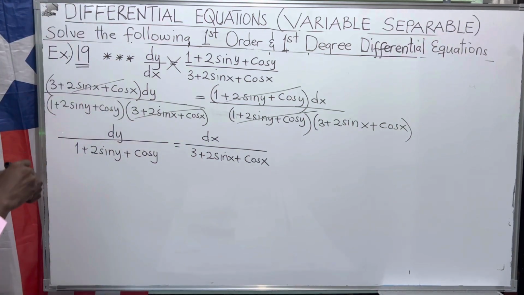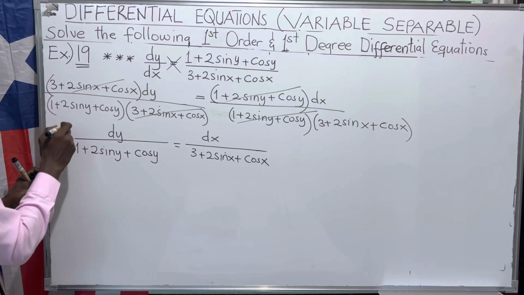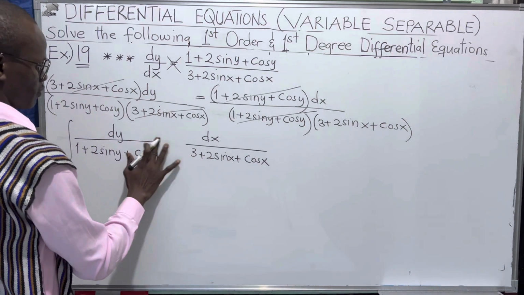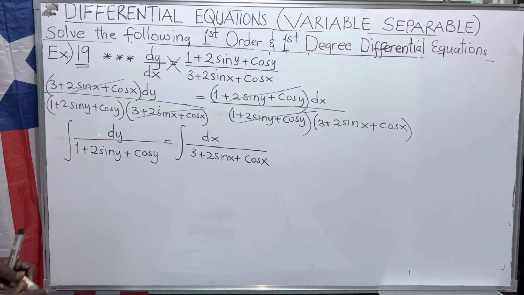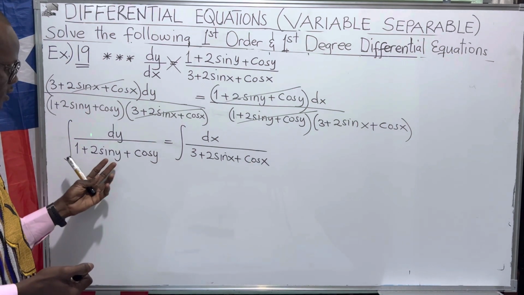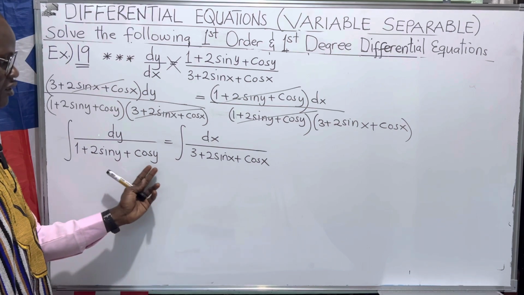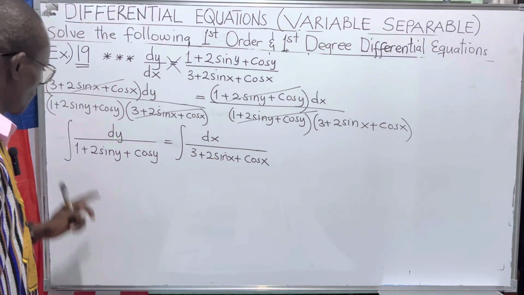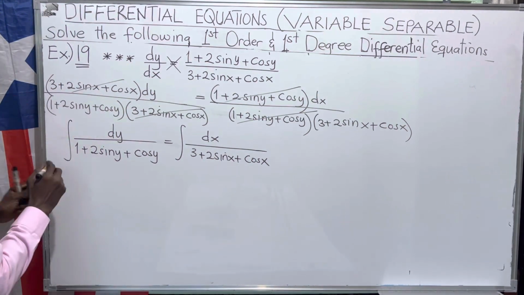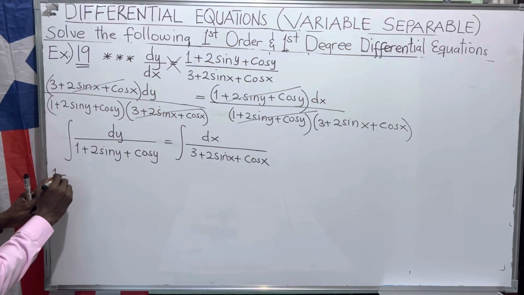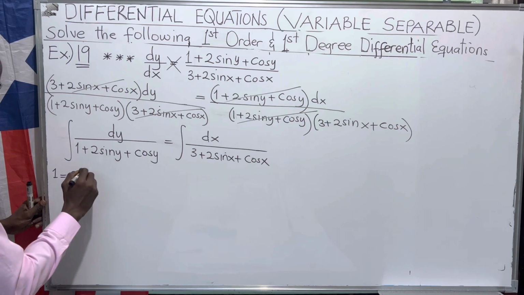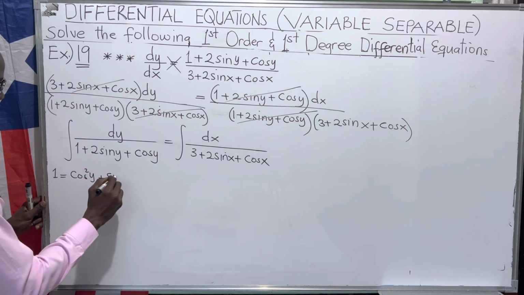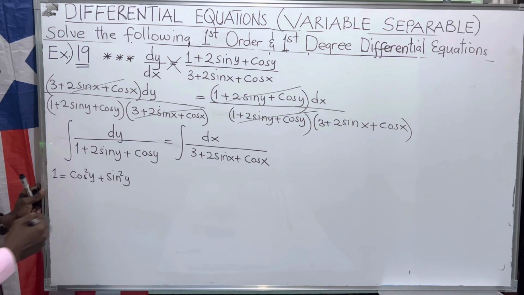So at this point now, since the variables have been separated, we need to find the general solution by integrating both sides of the equations. So what we can do, we can bring in some substitutions for sine of y, cos of y, sine of x, and cos of x. Since this is 1, we know that 1 is equal to cos square y plus sine square y from the Pythagorean identity.